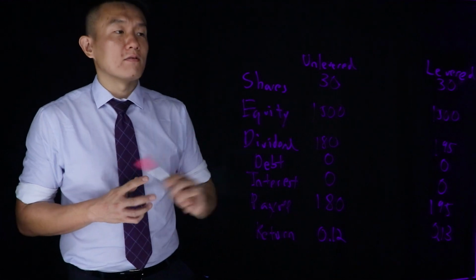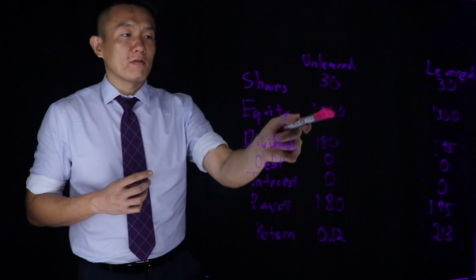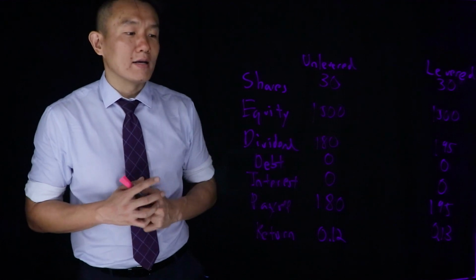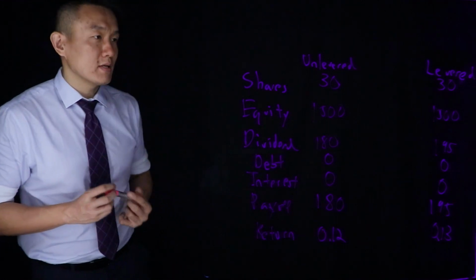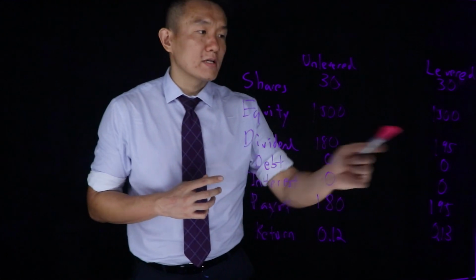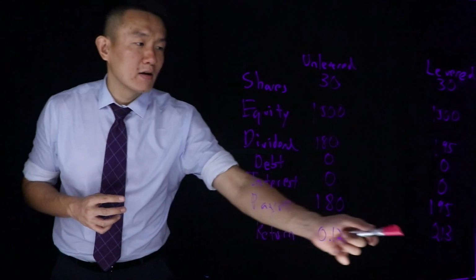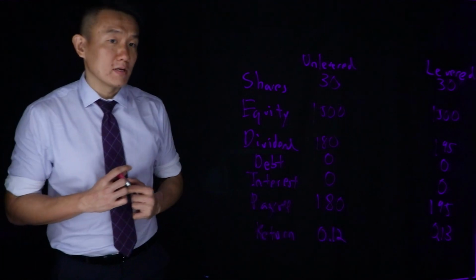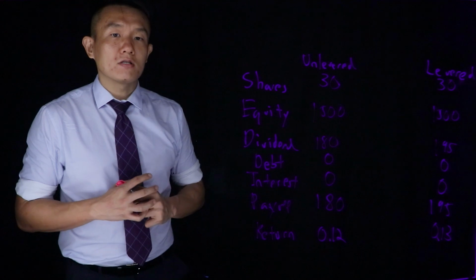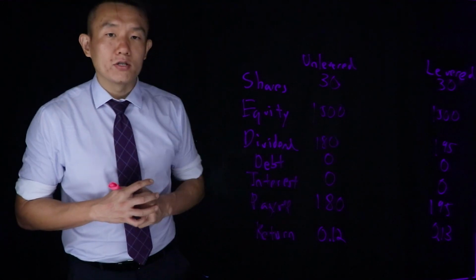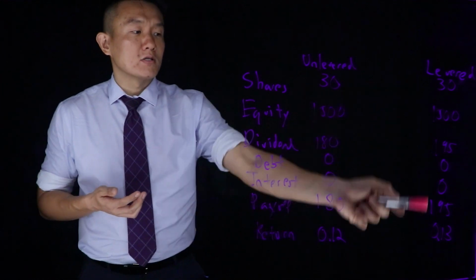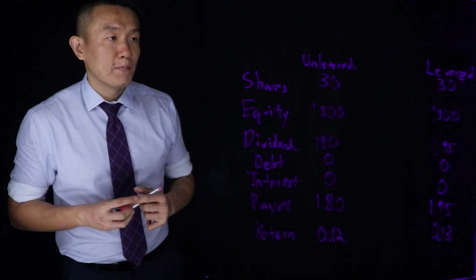In the unlevered firm, these would be worth $1,500 and would entitle them to a dividend of $180 and a return of 12%, whereas in the levered firm, they would receive a dividend of $195 for a return of 13%. So in this case, you might think, well, the investor would want to encourage the firm to borrow more so that they could get a higher return.